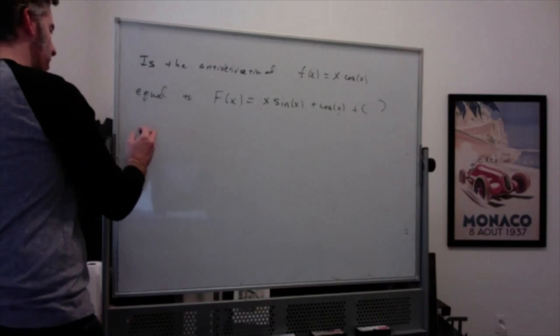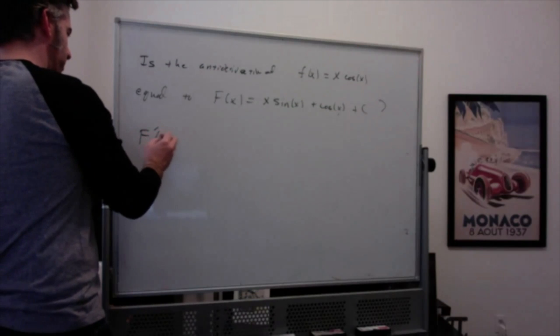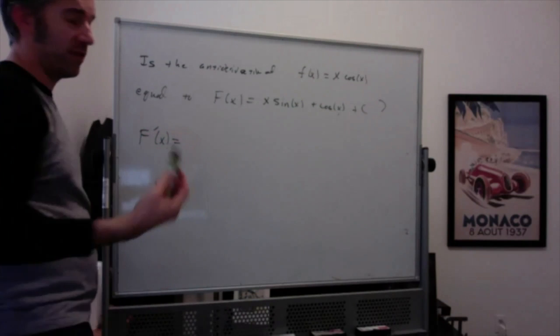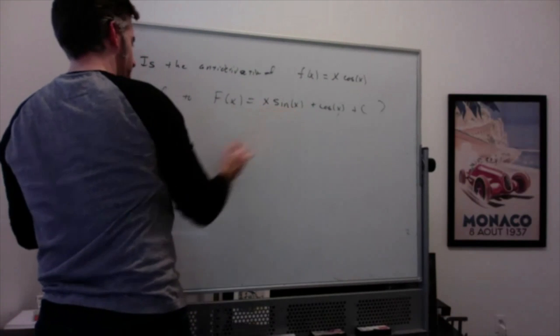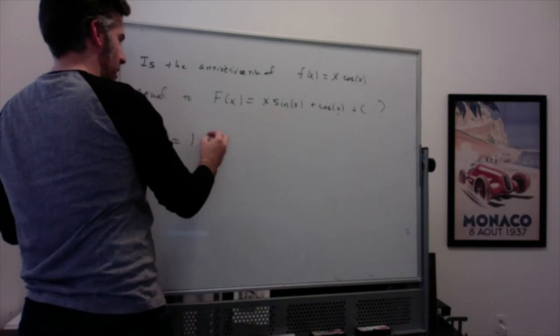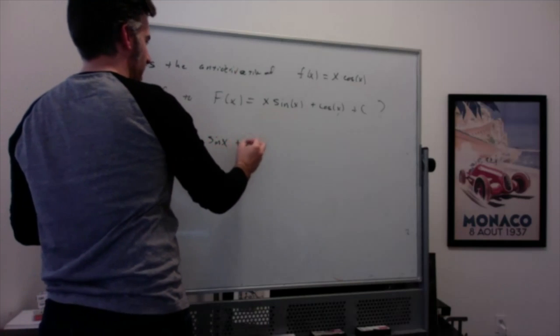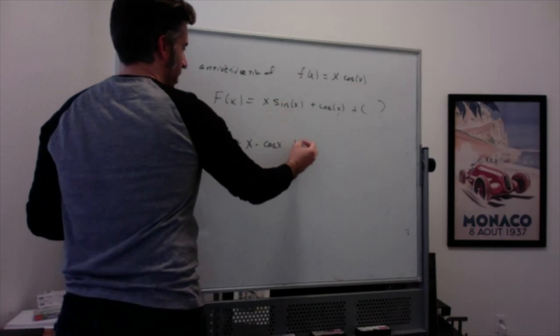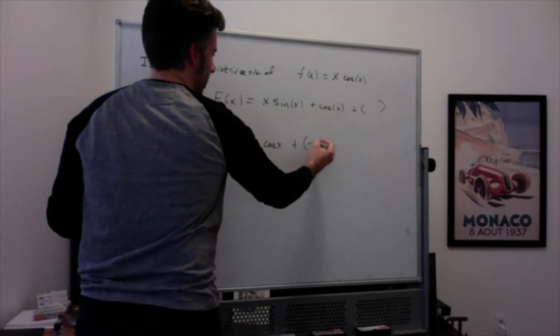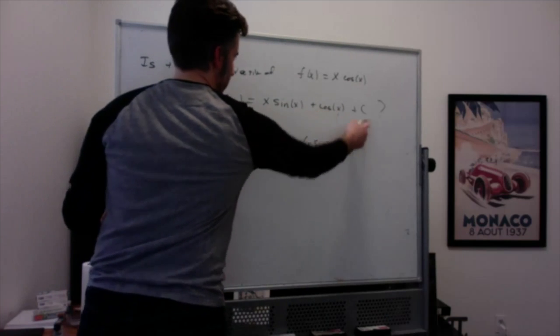So let's find the derivative of capital F, which is, product rule, 1 times sine of x plus x times cosine of x plus the derivative of cosine, which is negative sine of x, plus the derivative of c, which is 0.